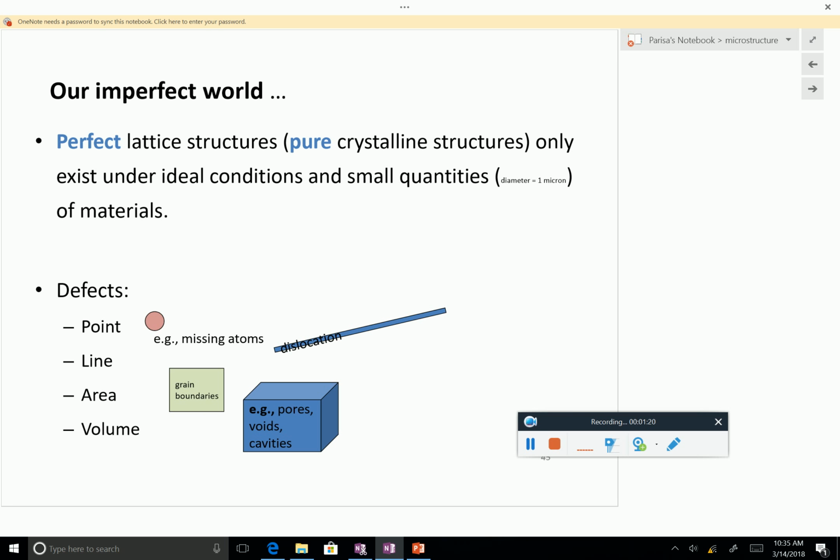So basically, this is what we want to learn today. I've written down "tiny" just so that you remember: if you have just 1 micron of material, maybe it's perfect. If it gets bigger, then you are going to have some issues.